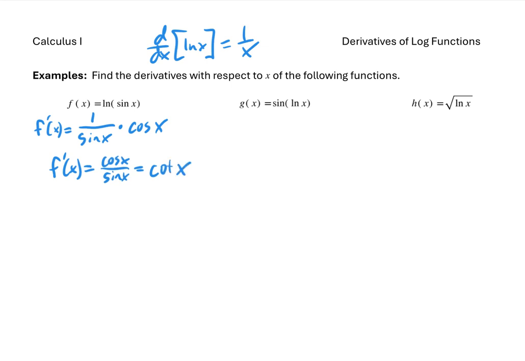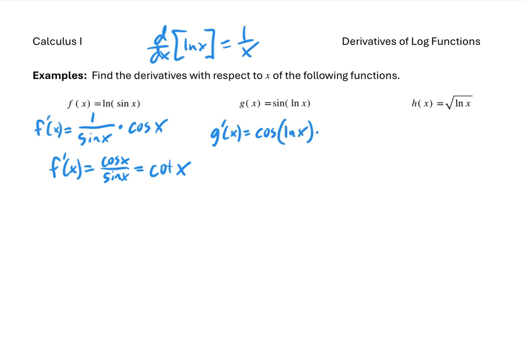Let's now find the derivative of this composition of functions. In this case, the natural log of x is the inside function. Taking the sine of that is the outside function. So we've got g prime of x is equal to the derivative of the outside function. Derivative of sine is cosine. So we have cosine of, and instead of evaluating it at x, you evaluate this function at the inside function, meaning we're going to take the cosine of the natural log of x.